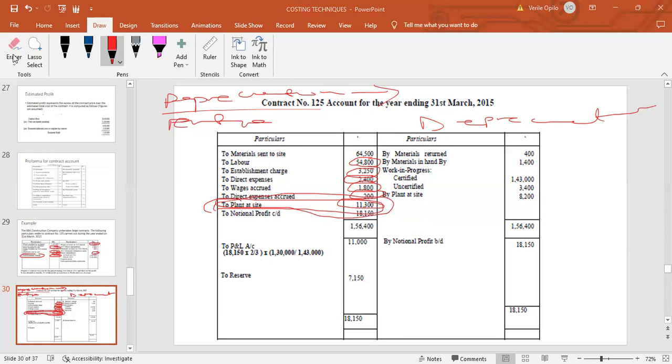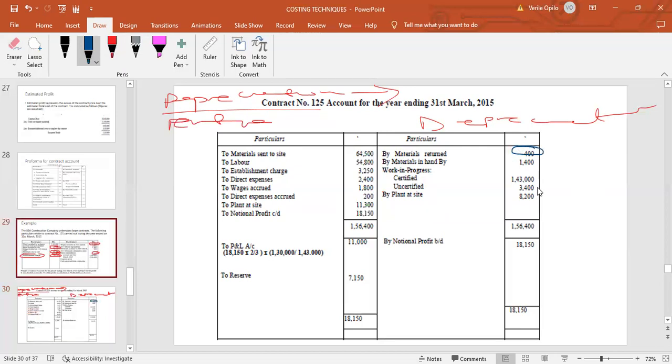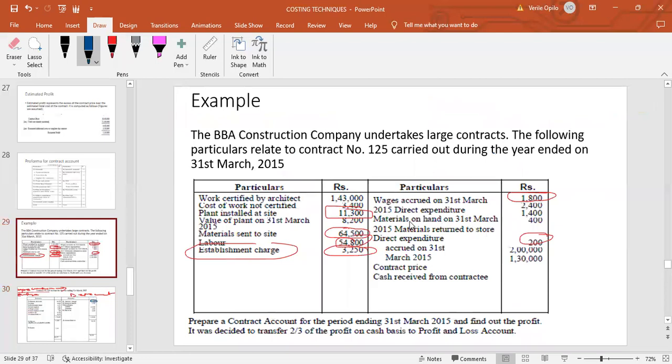Once you have included all the expenses that have been incurred by the business during that period, you factor in any returns that were made during the period. So we had the materials that were returned to the site. In this case, materials returned to the site were equal to 400. Then we had also been given materials at hand. We have materials on hand equal to 1,400.